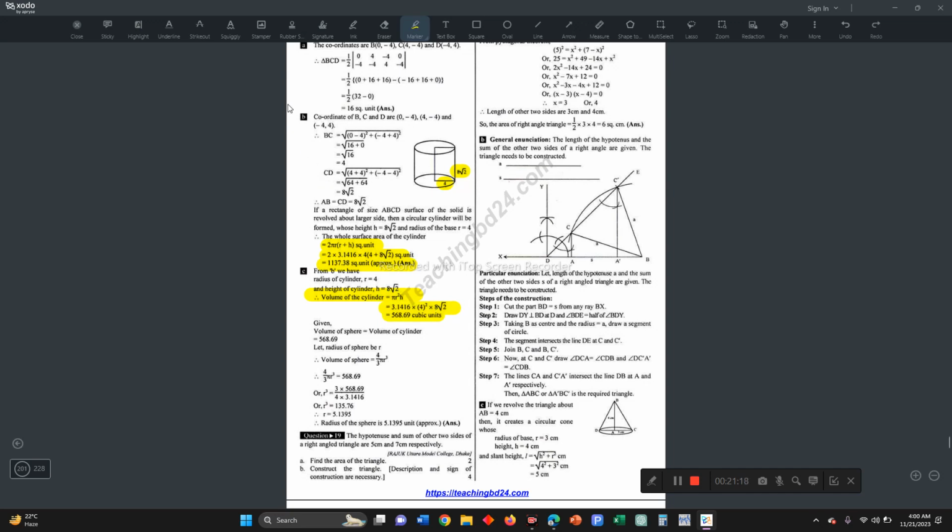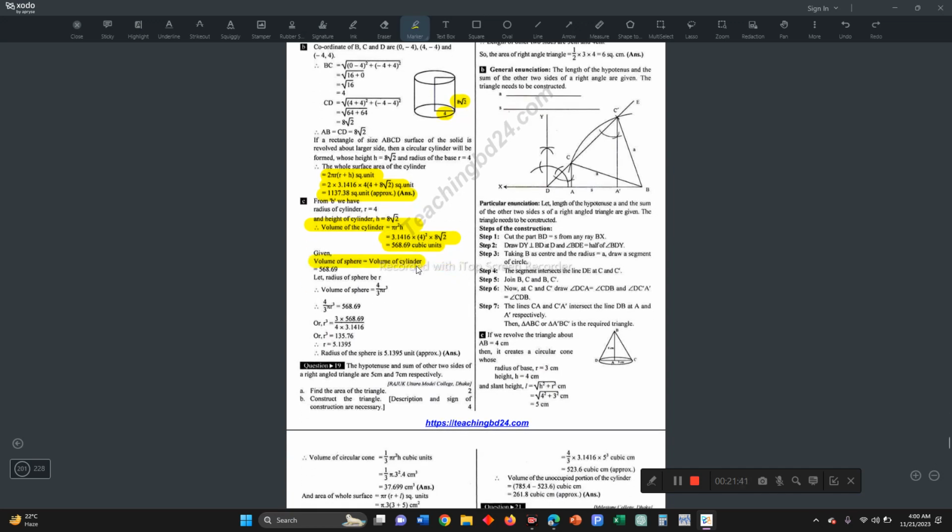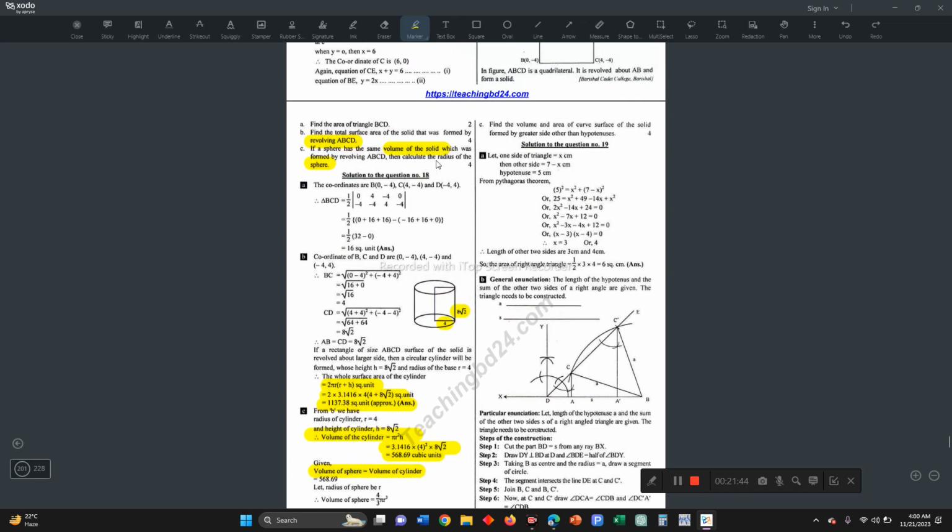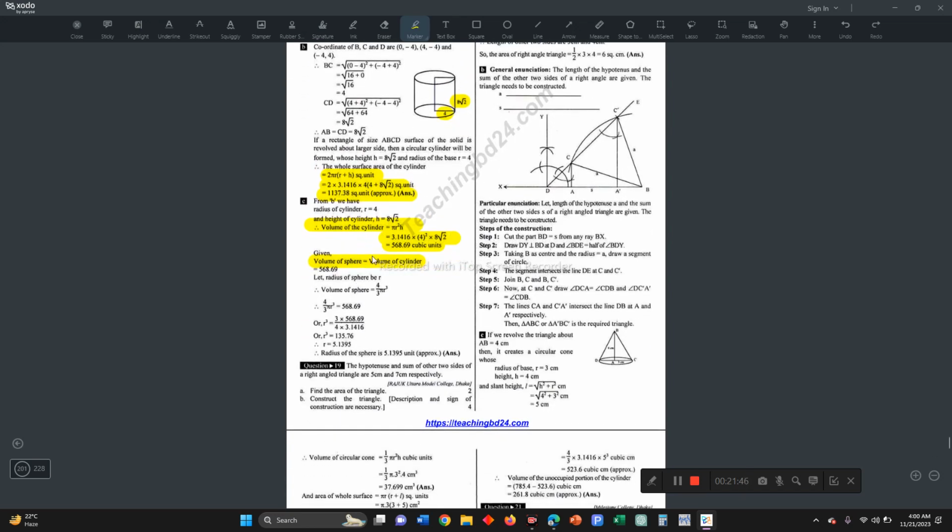That means the volume of the cylinder is equal to pi r square h, and we have determined it is 568.69. As this volume is equal to the volume of the sphere, we will determine the radius of the sphere, that is the capital R. So as 568.69 is the volume of the cylinder, it will be equal to the volume of the sphere, that is 4 by 3 pi R cube.